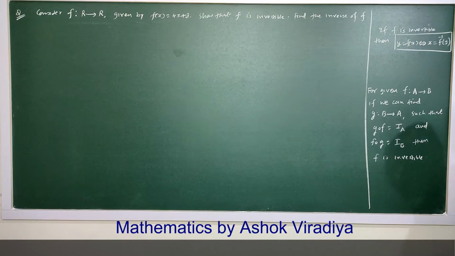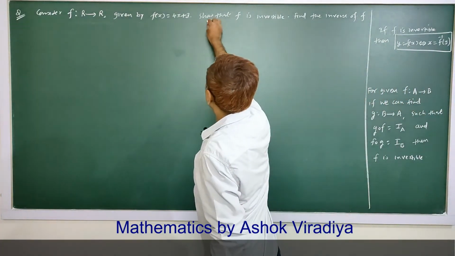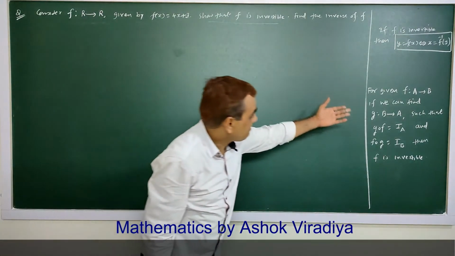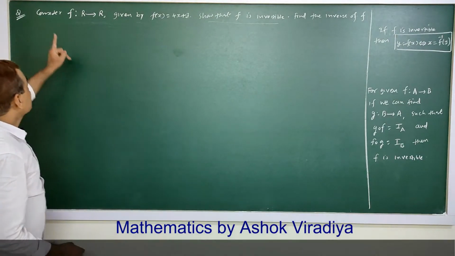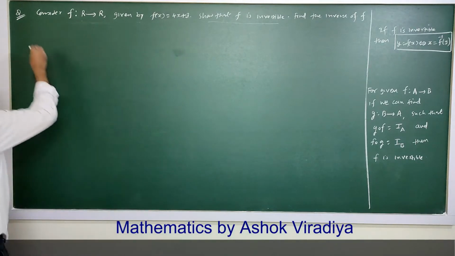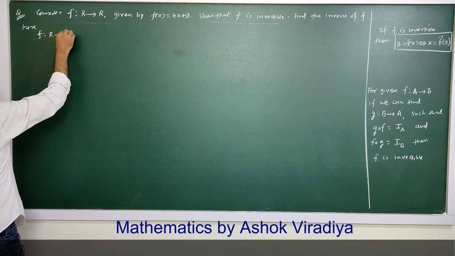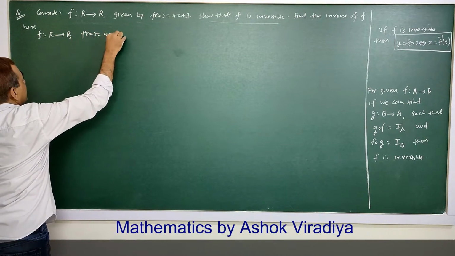First of all, we check the first part. The first part is to show that the function is invertible. So, application of this definition. Here a function is given from R to R. f(x) is 4x plus 3.